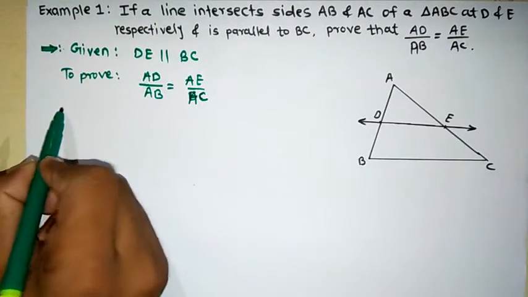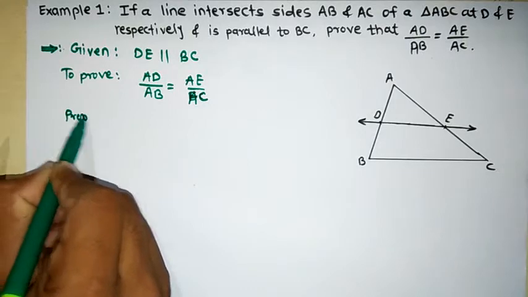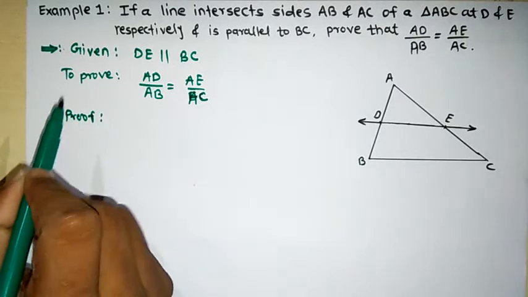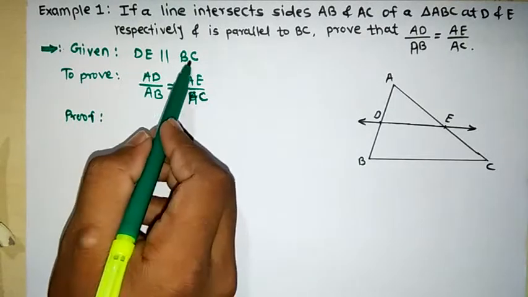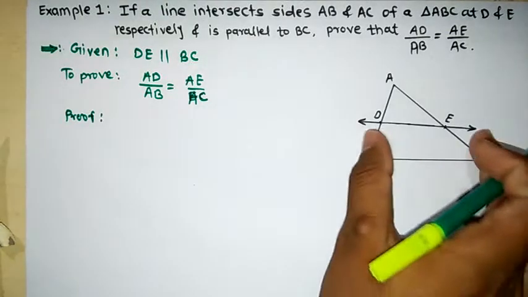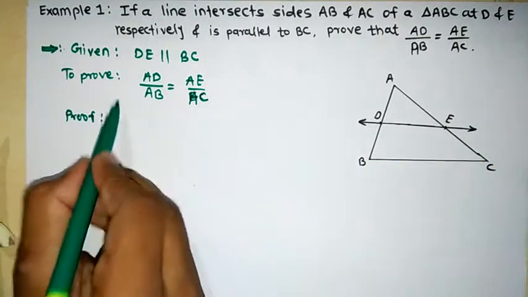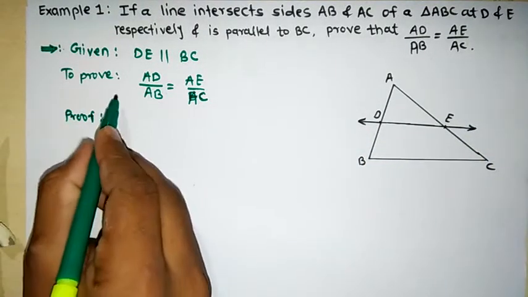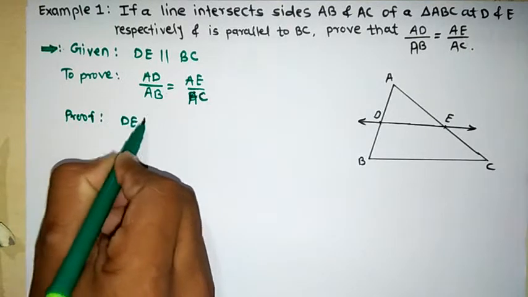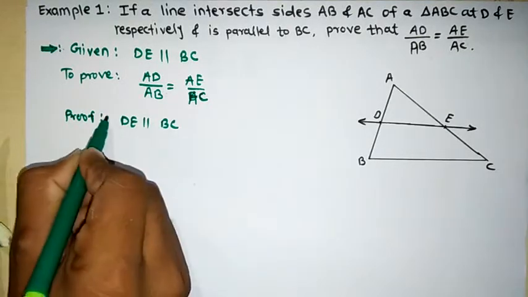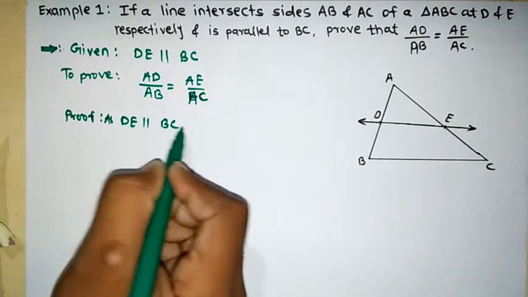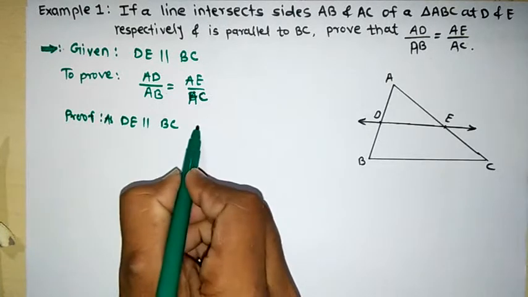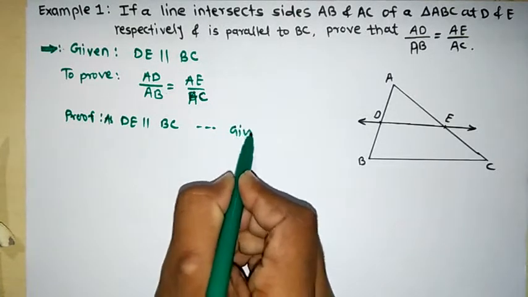See here, proof. First we have to use the given data. What is given here? DE is parallel to BC. Reason: it is given.